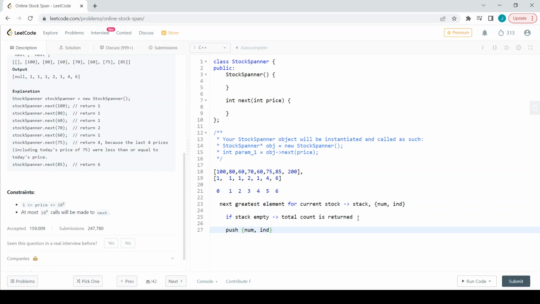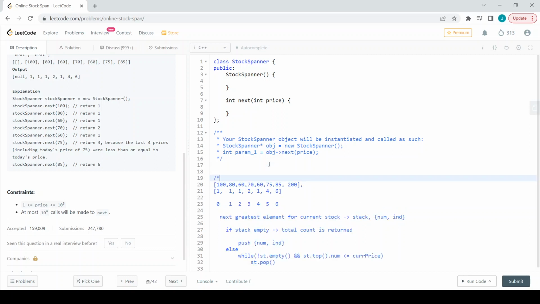Else, if the stack is not empty, while the stack is not empty and the stack top num is lesser than or equal to the current price, we can just pop that stack. So this is our algorithm.